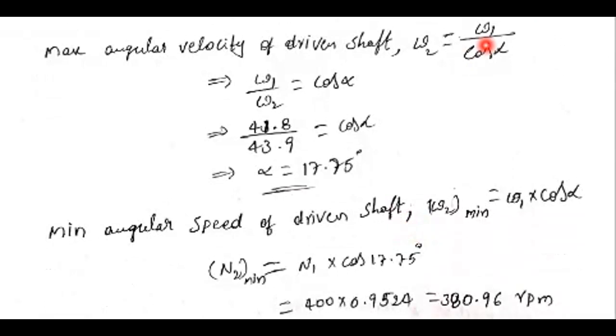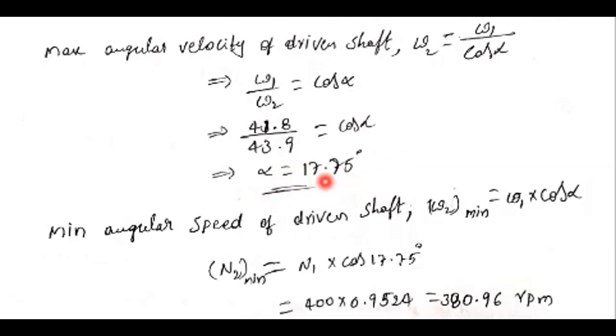So omega 2 equals omega 1 by cos alpha, so omega 1 by omega 2 equals cos alpha. Just substituting the values, 41.8 and 43.9, alpha equals 17.75 degrees. That is our alpha.